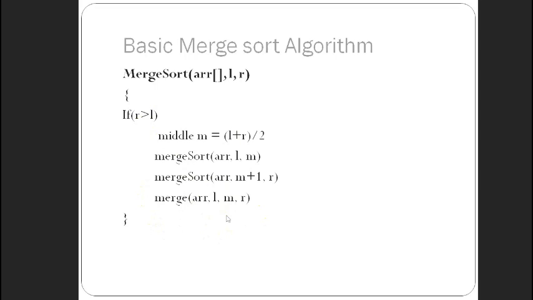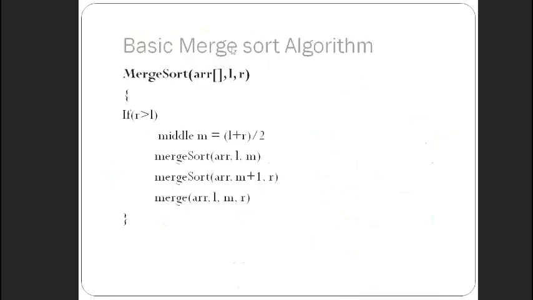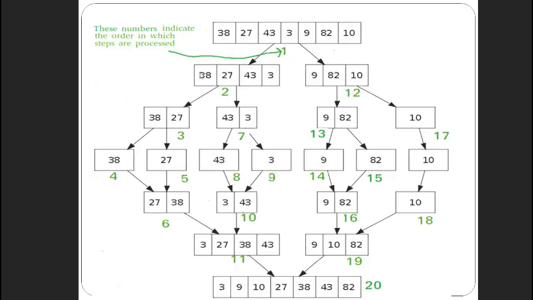Fine, we can see through an example. If we have this data, 38, 27, and so on, with indices 0, 1, 2, 3, 4, 5, 6, then L is 0 and R is 6. So (0 plus 6) by 2 is calculated, and based on that this data is divided into two parts.